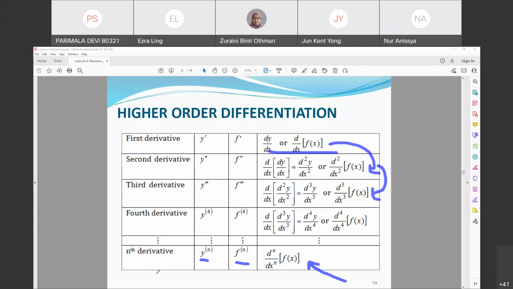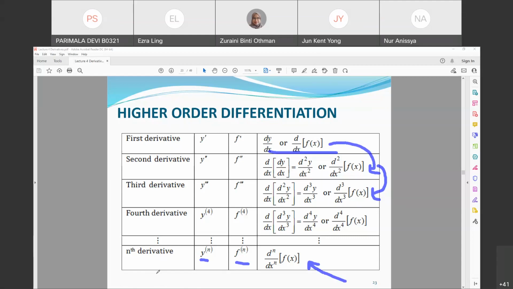Sebenarnya saya suka kalau kelas matematik kita, when we learn, we know that this type of equation you can use it later, which is kenapa kita kena cari yn until fn. We want to find the changes and changes again. For example, we want to find halaju. After we find halaju, we want to find pecutan, right? Okay, sampai pecutan kita cari.